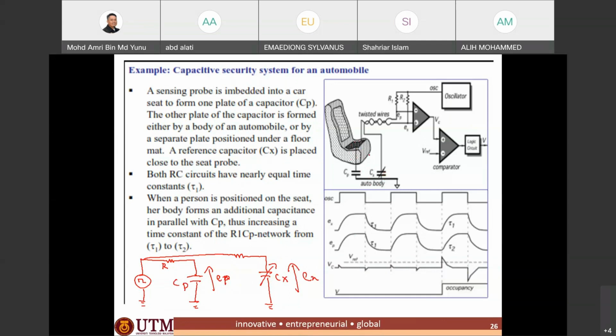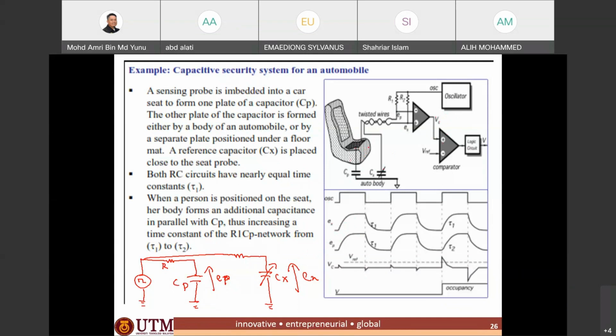So the calibration is done when there is no occupant on the seat. The CX value is changed so that EX and EP are in phase, so that the output VC is equivalent to 0 when there is no occupant.